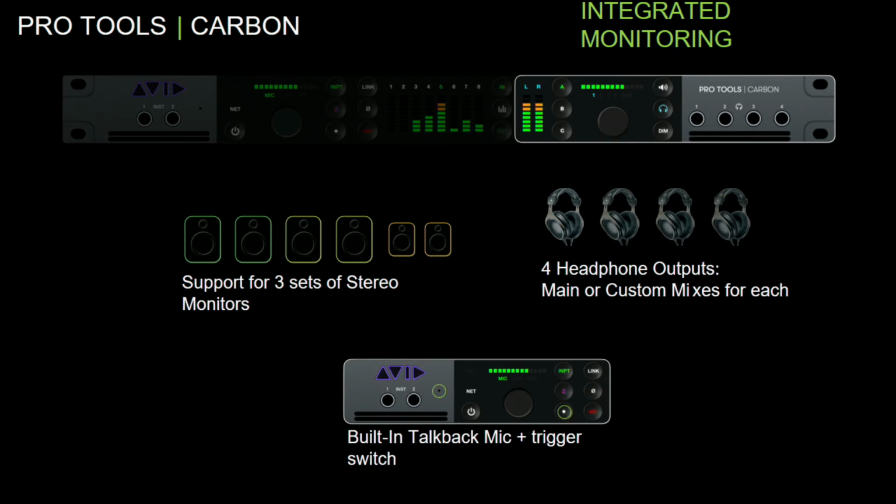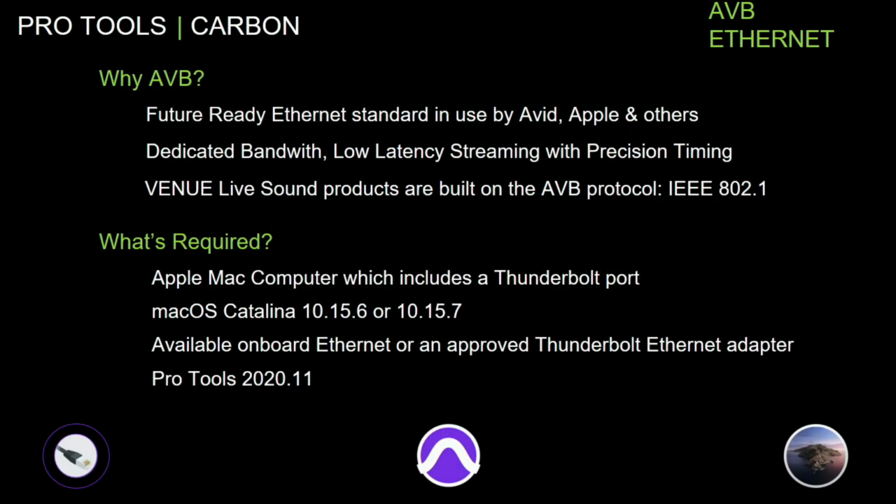Okay, next slide, please. So Carbon uses Ethernet technology to connect to your computer. So we're connecting using something called AVB.